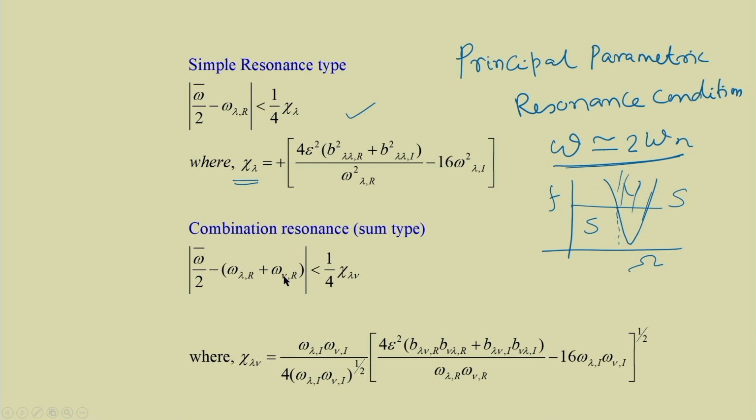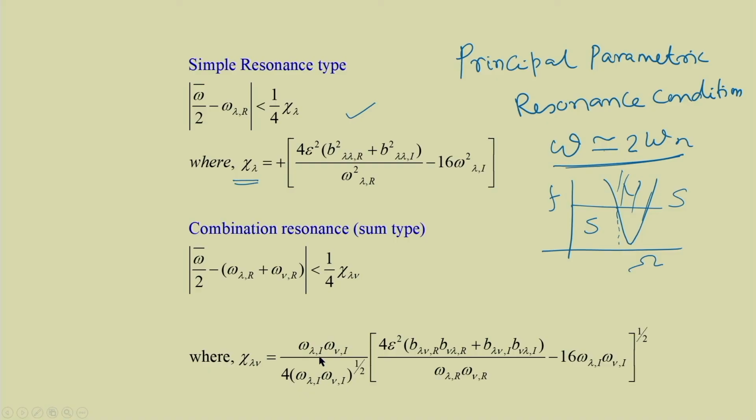That is why this is combination parametric resonance of sum type. So, omega bar by 2 minus omega lambda r plus omega nu r should be less than 1 by 4 xi lambda v, where xi lambda v can be written in this form, with omega lambda I the imaginary part of omega.